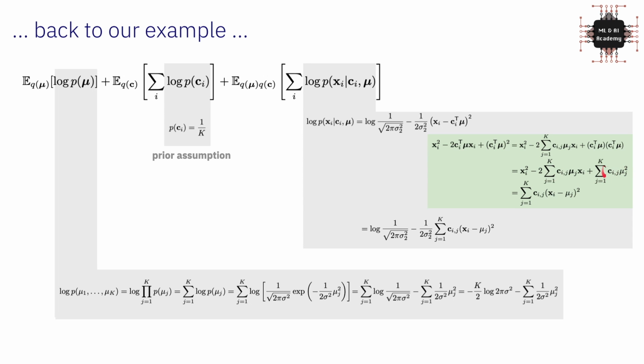Now elaborating this, you can transpose any element of this and write it as mu transpose Ci transpose mu, which means it is just the norm of mu squared multiplied by the corresponding components of Cij. And that's why you get the summation from j equals 1 to k of Cij mu j squared, where this is just the norm of the vector mu.